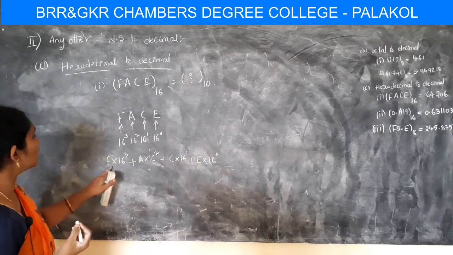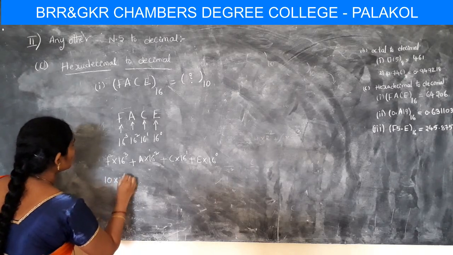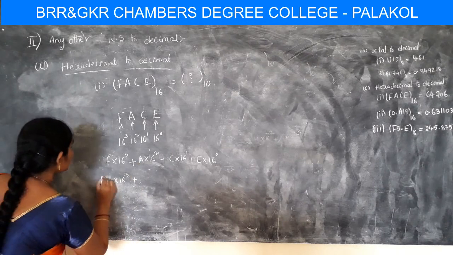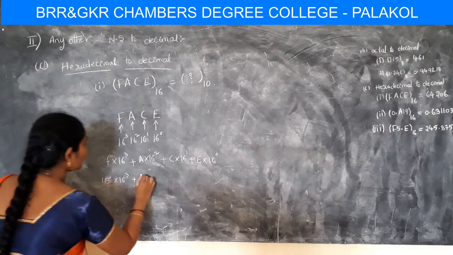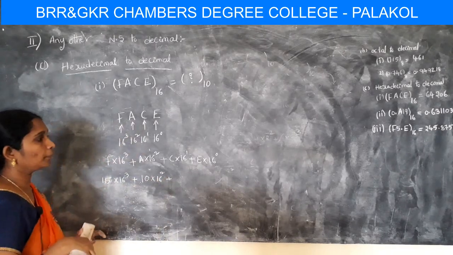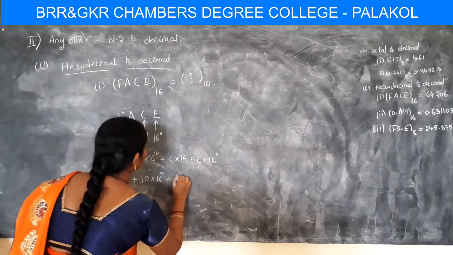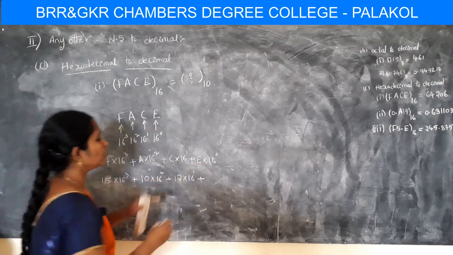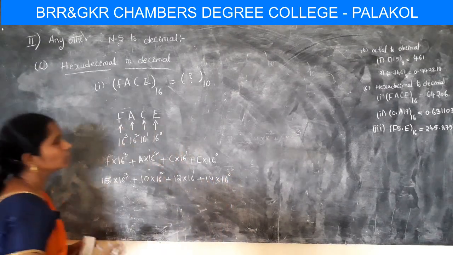Okay, so here F is nothing but 15, so 15 into 16 cube, plus A is nothing but 10, into 16 square, plus C is nothing but 12 into 16 power 1, plus E is nothing but 14, so 14 into 16 power 0.